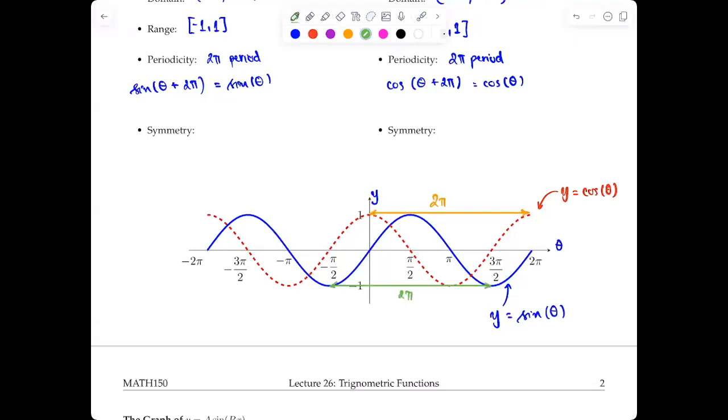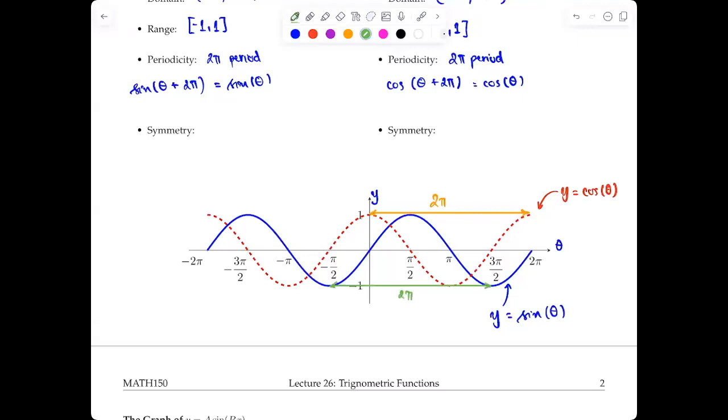Good. Again, if you cut this part from 0 to 2 pi and translate it to the left, so the curve starts from negative 2 pi to 0, the curve behaves the same way as the curve between 0 and 2 pi. Good. All right.